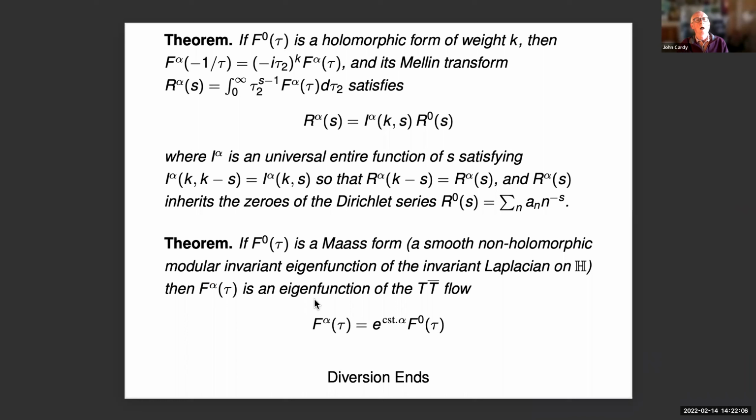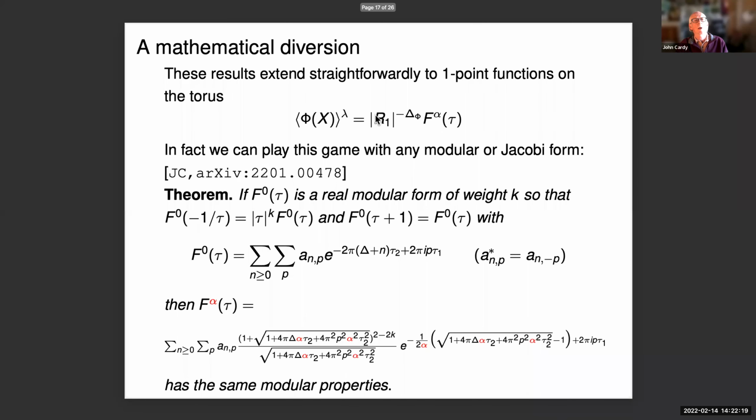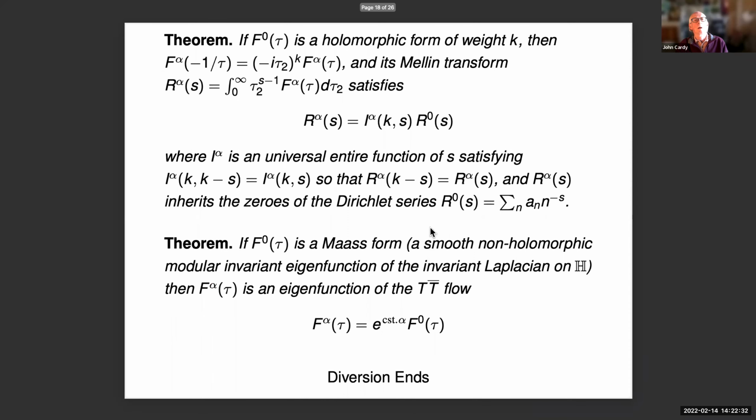So another theorem in my paper is that if you now take a holomorphic form of weight K and you deform it more or less in the same way, that is, imagine that you've got this series here, but with P equals 0 basically, then if you take its Mellin transform, which is defined in this way, then under the TTbar deformation, the Mellin transform transforms in a very simple way.